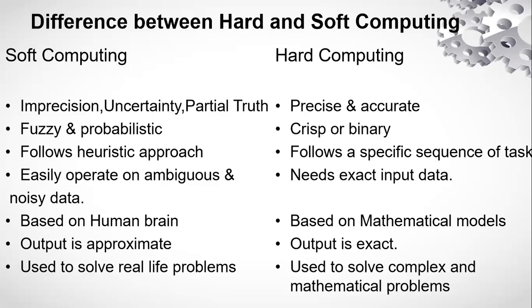One more thing, soft computing has a tendency of stochastic learning, while hard computing is deterministic. Stochastic means it learns on its own. That means if I have designed an algorithm and by the time it works again and again, it will learn and get better on its own, right?